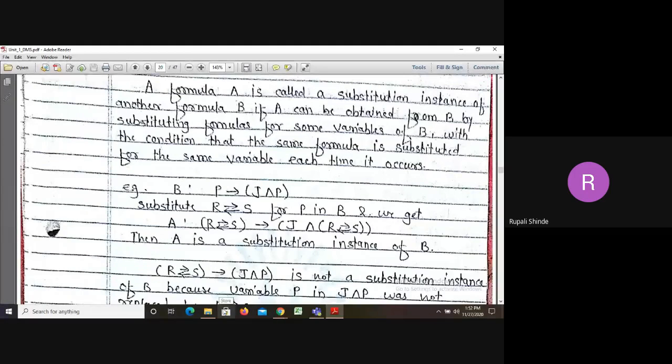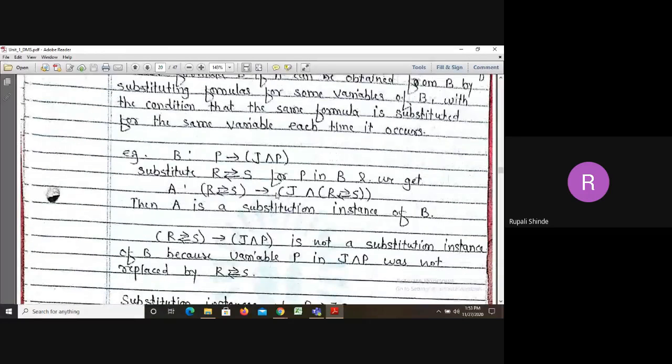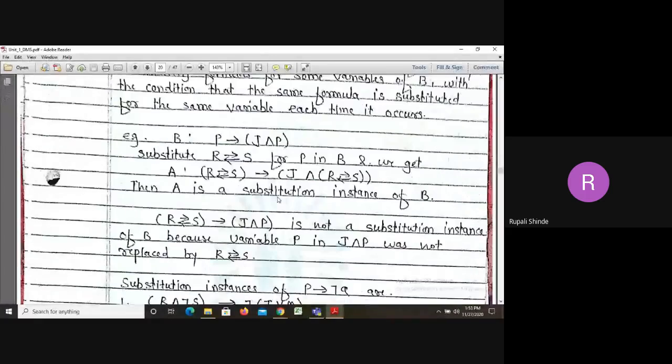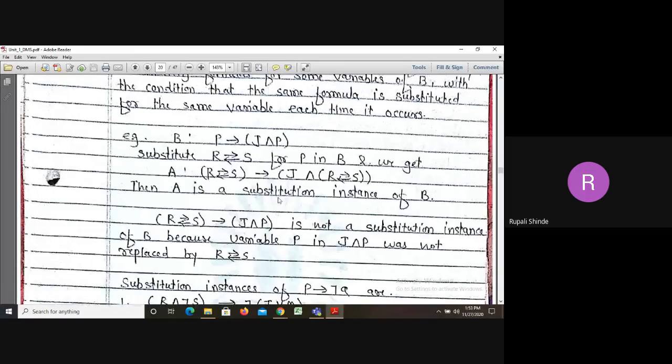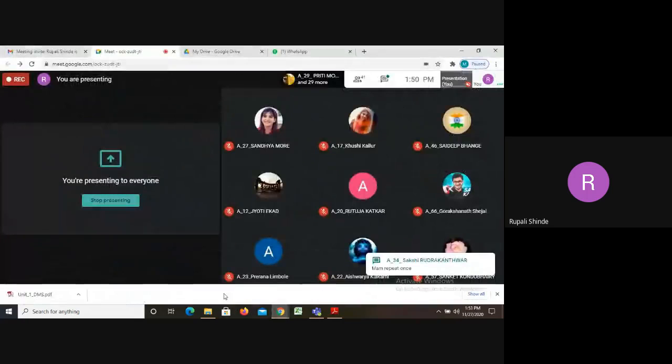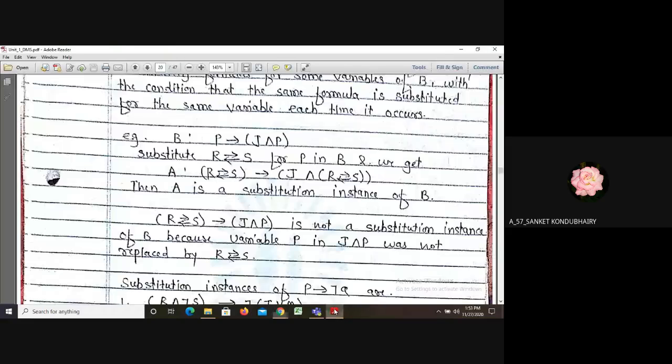As many times as the variable occurs in your formula, that many times it must be replaced by the same formula; only then is it a substitution instance. That's why this A is a substitution instance, but this second one is not a substitution instance for the given formula. Understood now? Okay. Yes, ma'am.